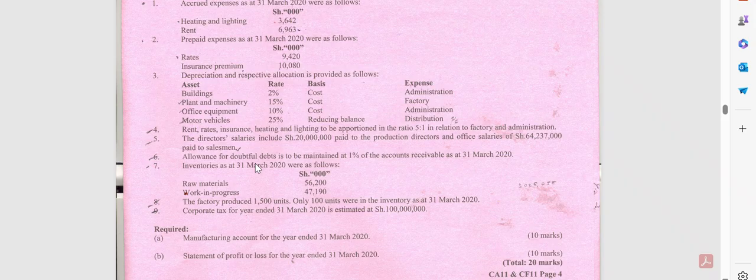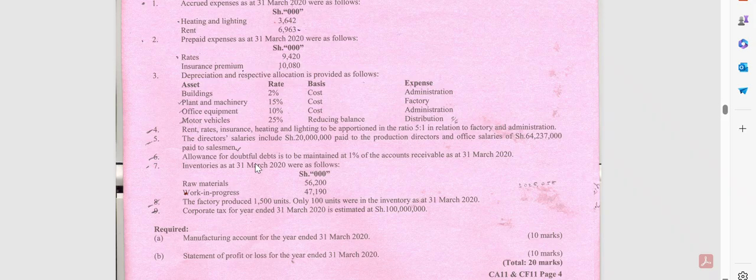So for number 5, it reads the director's salaries include 20 million, but for consistency, let's just say 20,000. Remember, our figures are in thousand. So 20,000 or 20 million paid to the production director and office salary of 64,237,000 paid to salesmen.